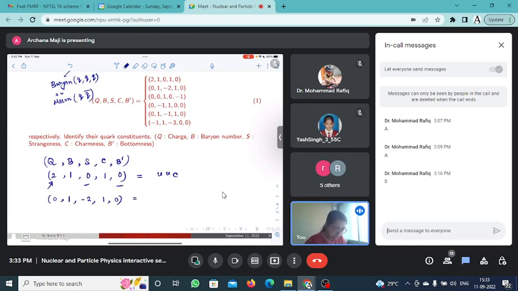So it is again a baryon, but its total charge is 0, strangeness -2, charmness 1. So what will be the quark content?